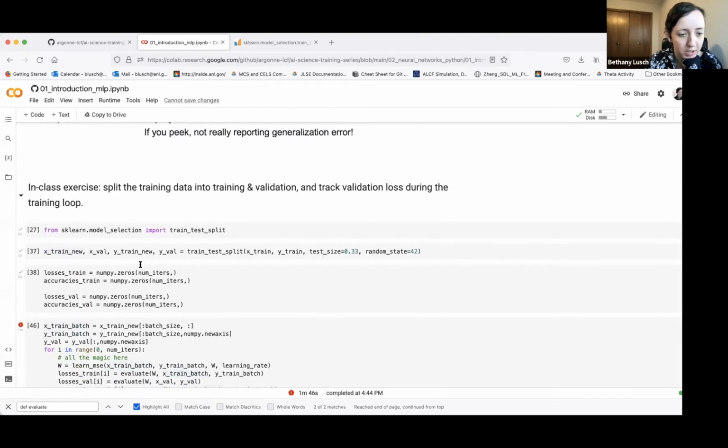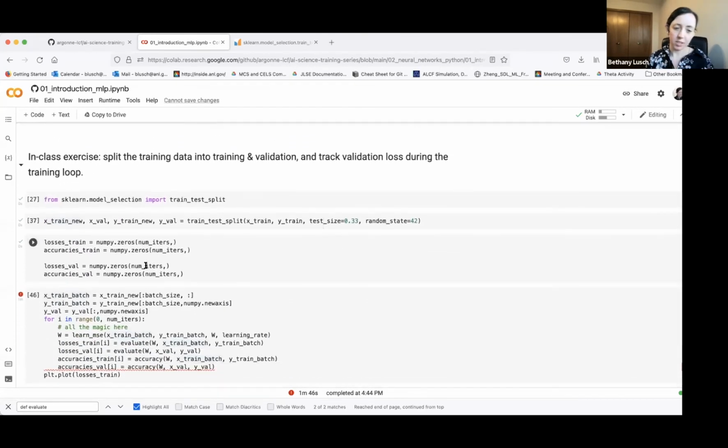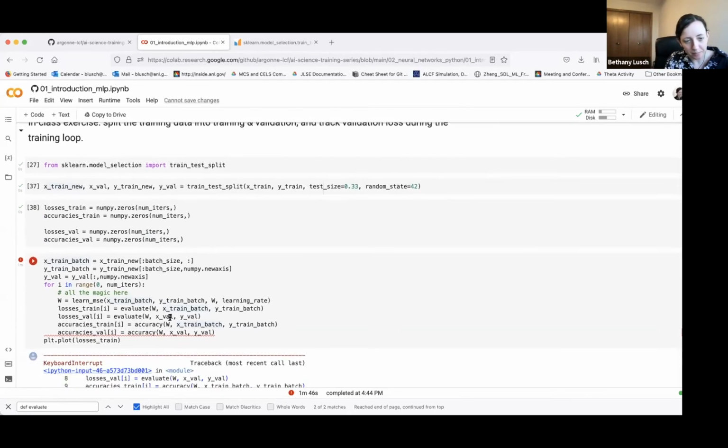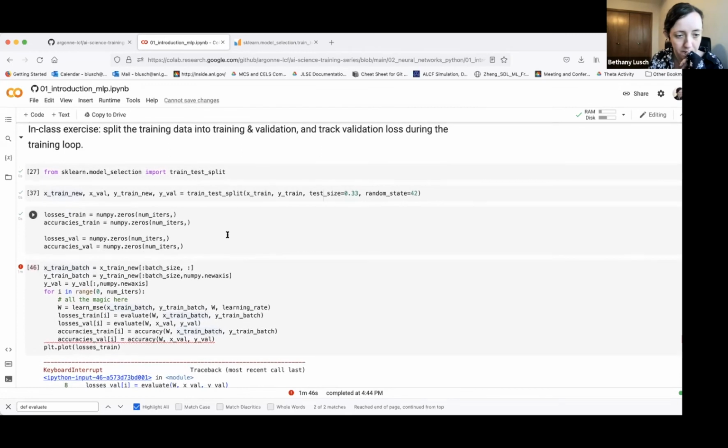We can use the validation to see how things are going. So we can decide that we can stop the training because the validation isn't improving anymore, or we might be comparing hyperparameters like learning rates. Does that make sense? Mhm.